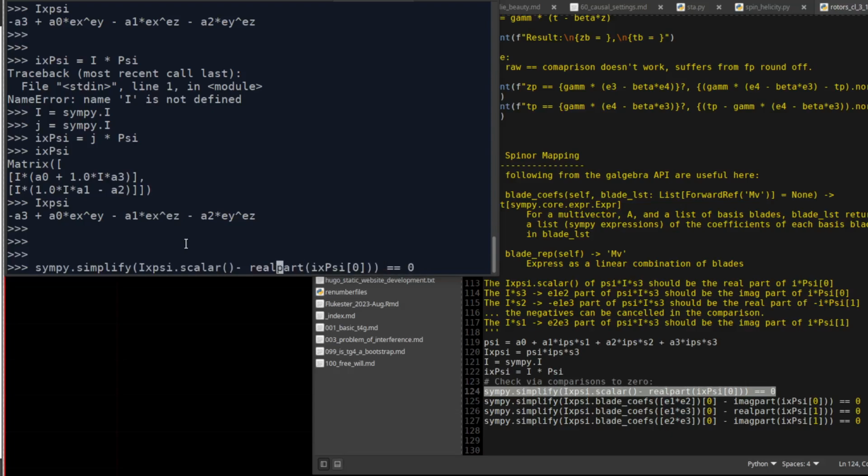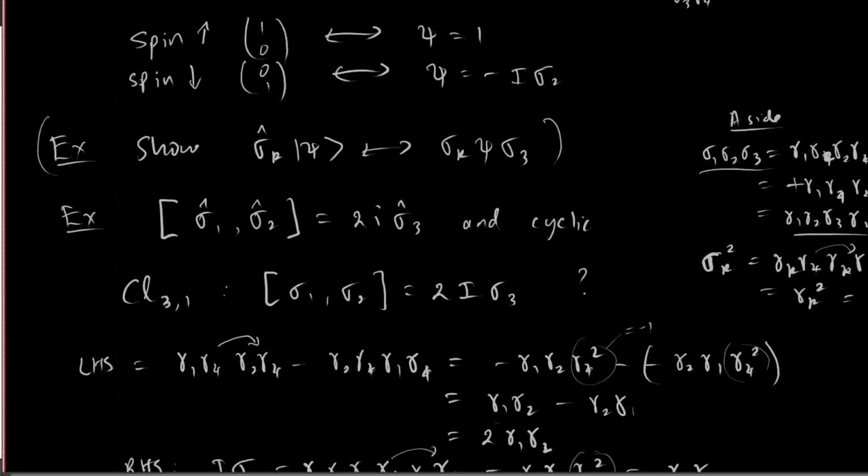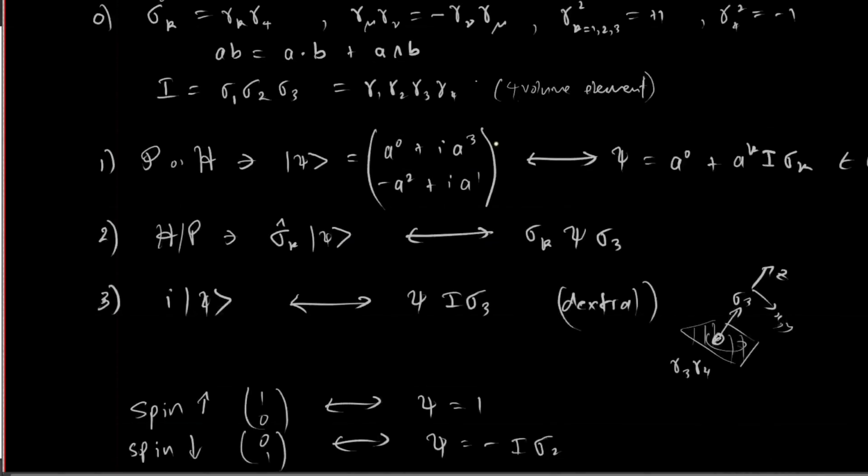Now let's go through this slowly so you can see what I'm doing here. This is going to check the scalar part of the multivector against the real part of the first entry of the Pauli matrix, right? So what we're doing here is let's copy the mapping for reference. Might be kind of useful to do.